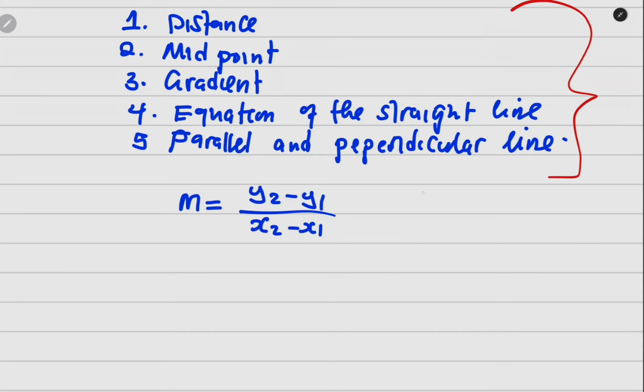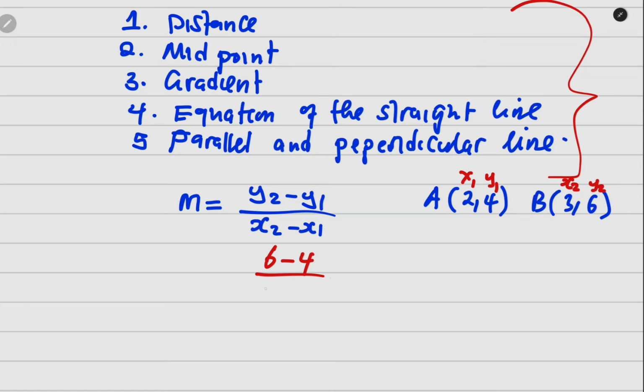Let us say you are given 2 points, that is A, which is 2, 4, and B, which is 3, let's say 6. You are asked to find the gradient. Automatically, this one is going to be your x1, y1. This is x2, y2. So to find the gradient here, you are simply going to say y2 which is 6, minus y1, which is 4, divide x2, which is 3, minus x1, which is 2.